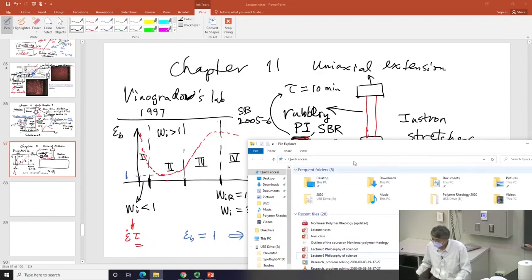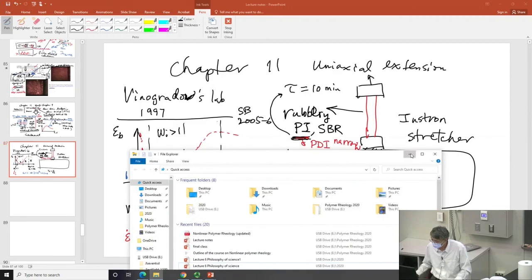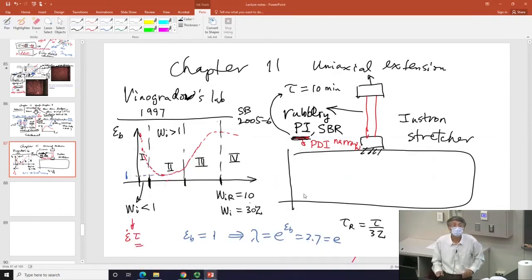So what I want to do is this: you take an Instron, you grab your sample and do it at different rates, you find, just to be consistent with the book, I think the book is more careful than I did.